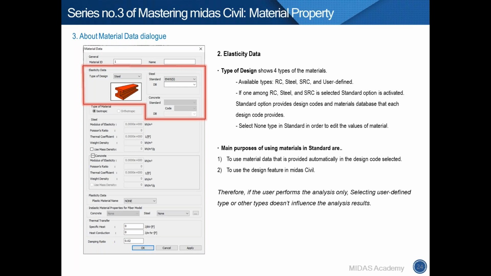And actually, the main purposes of selecting type of design are to use material data in the design code or to use the design features in MIDAS. Therefore, if you input the same values into the mechanical properties as the values from the database, the same analysis results will appear. So we don't care about standard or user-defined type, other things.